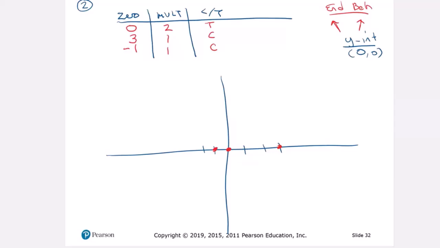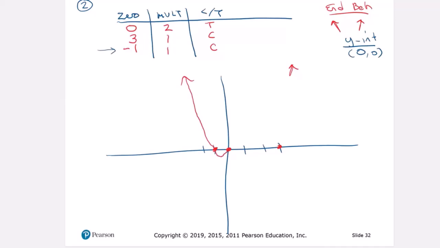I know my end behaviors are up, up. I can start from either side. This time I'll start from the left. I know I'm going to come down and I have to get to that dot. That's the dot at negative 1. If I look up at my table, it crosses at negative 1.